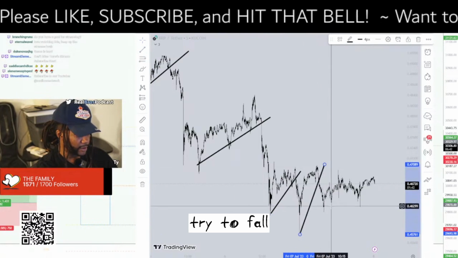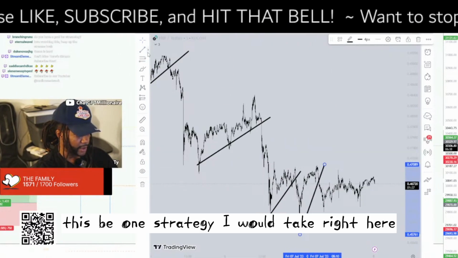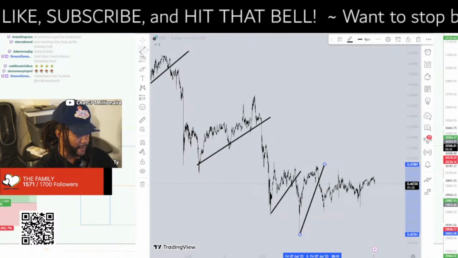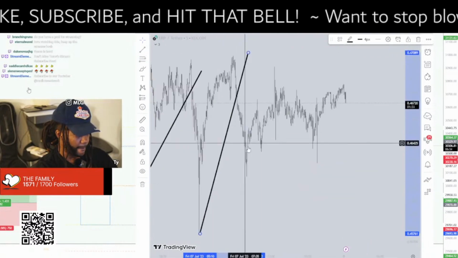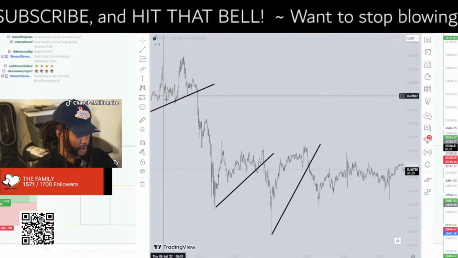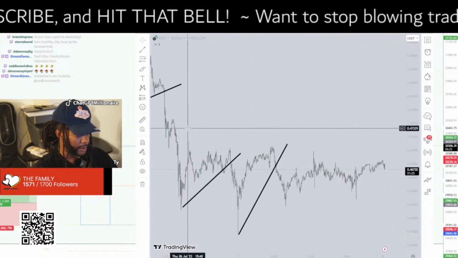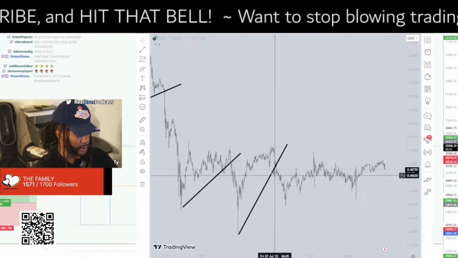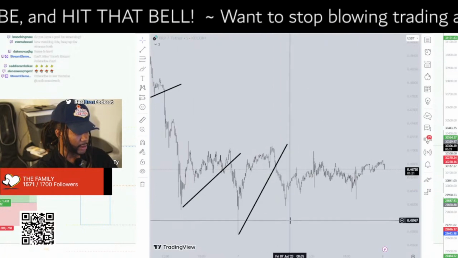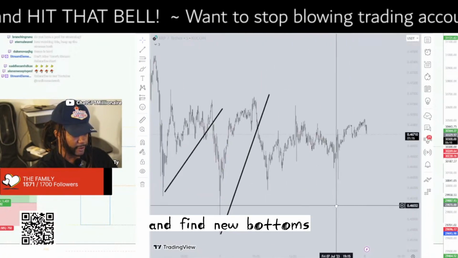Tried to fall. Boom. So this would be one strategy I would take right here. So fall, fall, fall. So I know the price is continually falling, finding new bottoms.